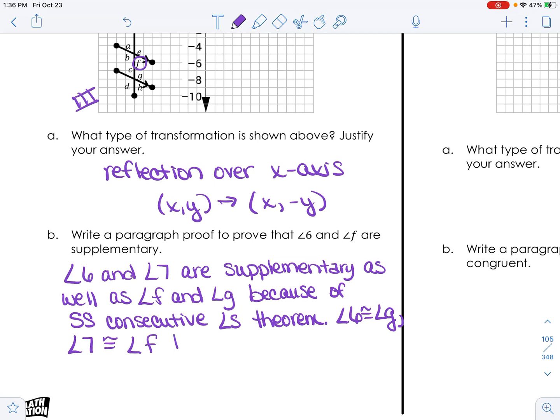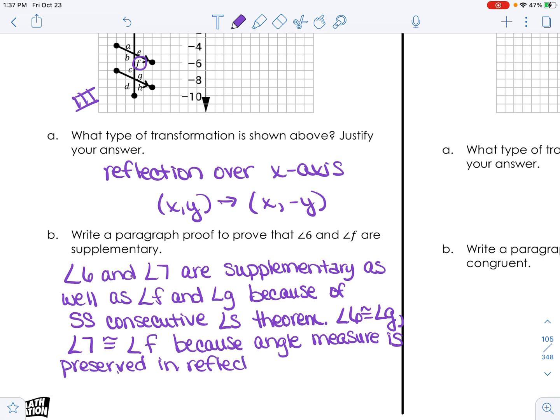My notes, I had S down there. Don't know why that. And that is because angle measure is preserved in a reflection.